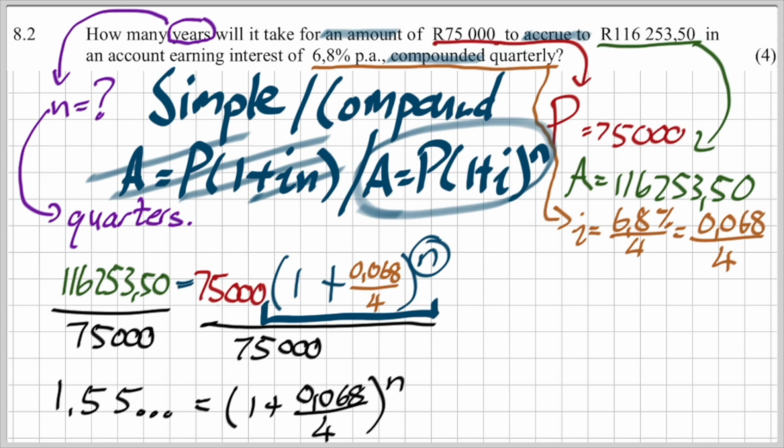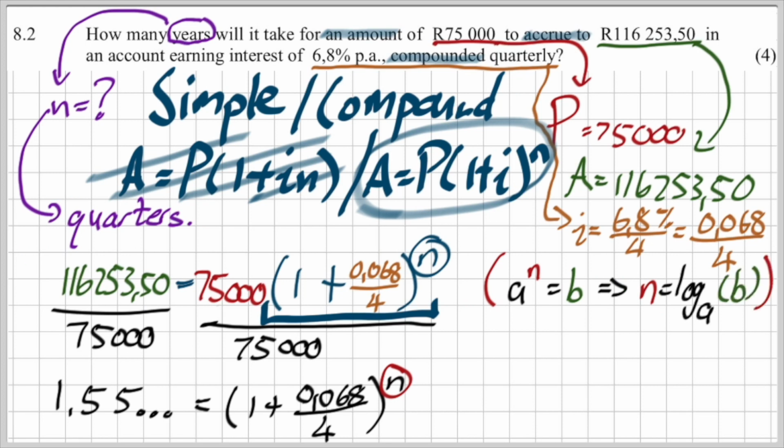Now I've got to think. My bracket is isolated, so I've got to now solve N, which means I've got to use logs. Remembering that in logarithms, if I've got a to the n equal to b, and I want to solve for n, remember that n goes on its own.